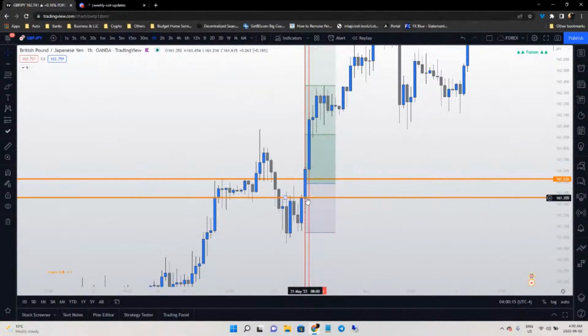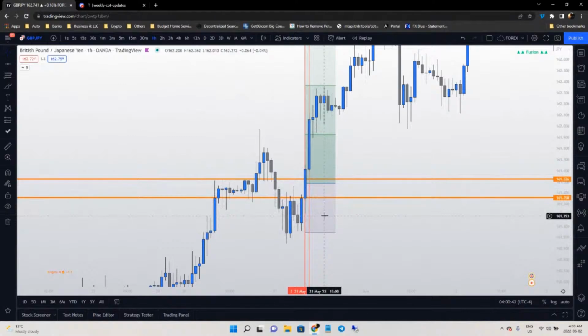But as you could see, my first stop loss was at 161.36, but the original stop loss that Enigma gave you was 161.04. So you see here, you're saving like 32 pips if you go on the lower time frame to plot your stop loss.